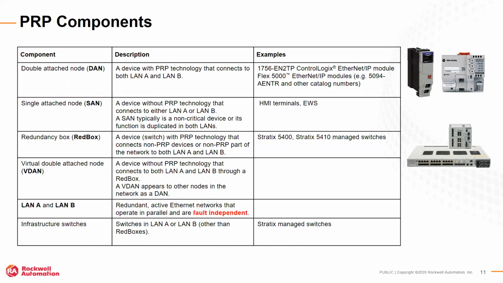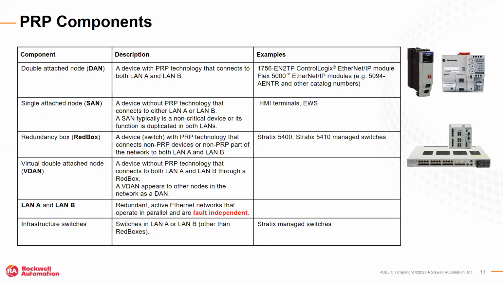The single attached node, this is a device that does not support parallel redundancy protocol natively. This is something like an engineering workstation or an HMI terminal, which we don't need to put on both networks because it's not really doing a lot of the control. It's just there for visualization or something like that.